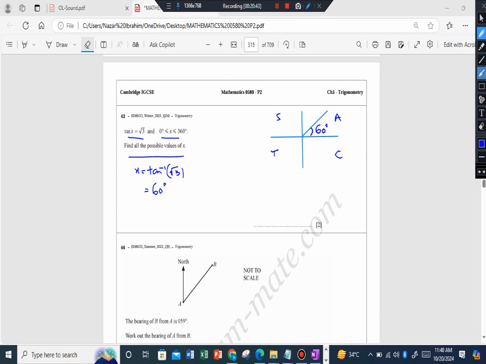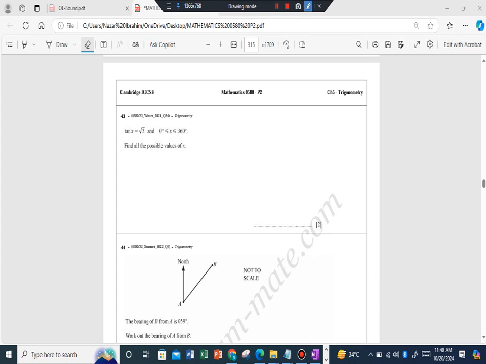So the second angle should lie in the third quadrant. Since the base angle is 60, this will also be 60, right? So the angle will be starting from here to this part. This total is 180, and adding 60, 180 plus 60 will give us 240 degrees. So the second angle is 240 degrees. Clear? Okay, let's move to the next.